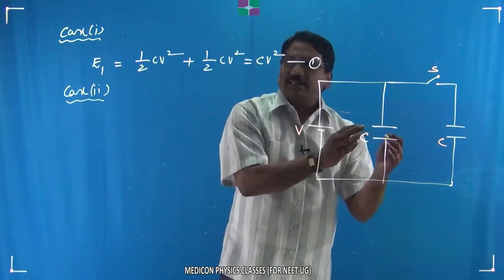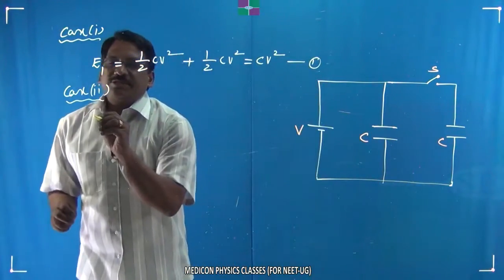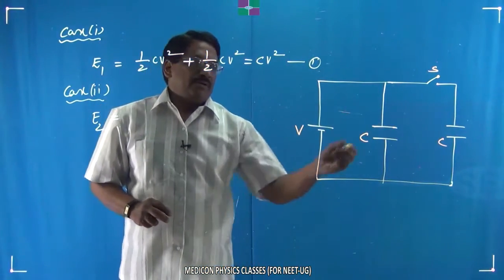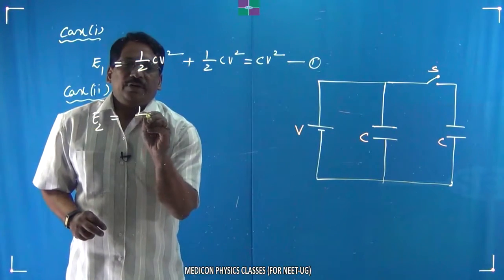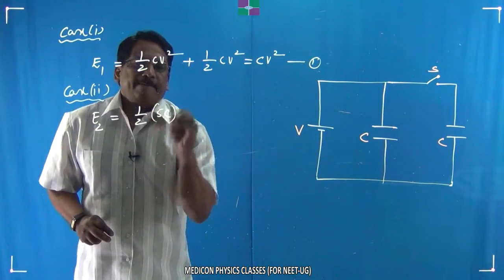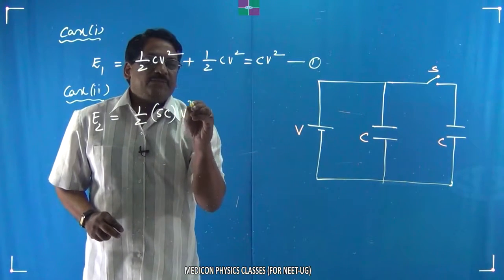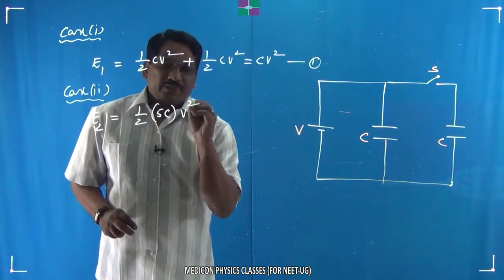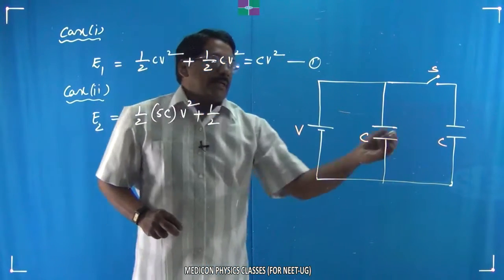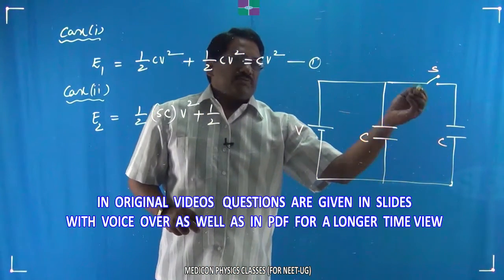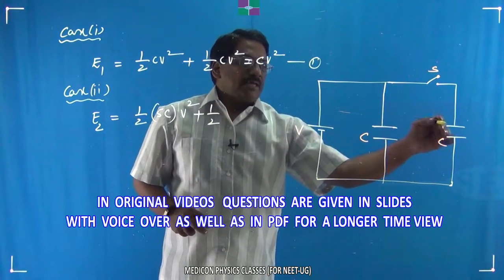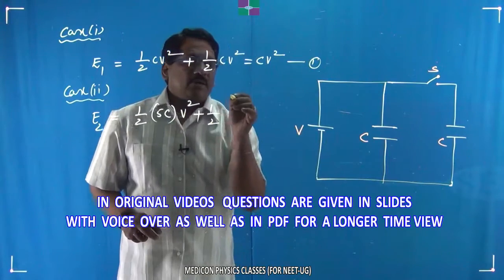Now with this analysis we can write the energy of the system E2 as follows, is equal to, here half into capacitance 5C, the potential is V only, V square, now plus half into, remember here whether switch S is open or closed, because of the introduction of the dielectric slab, the capacitance becomes K times.